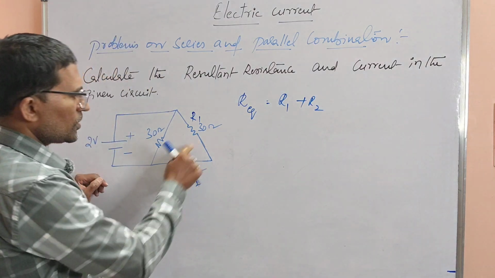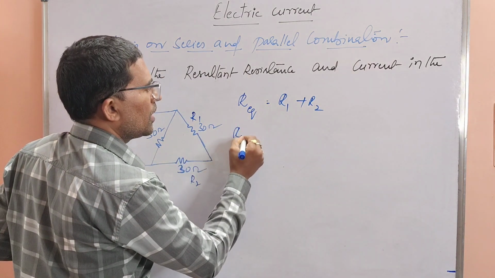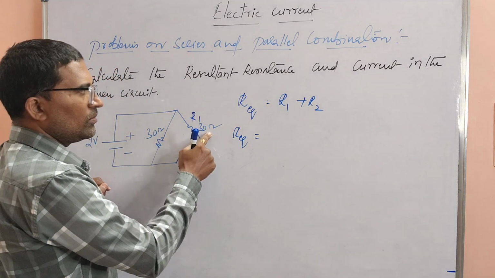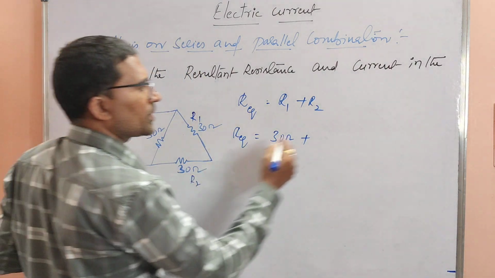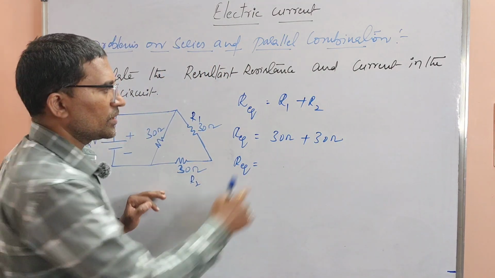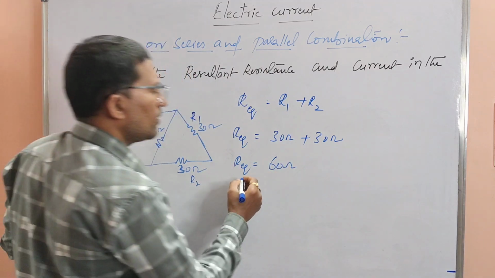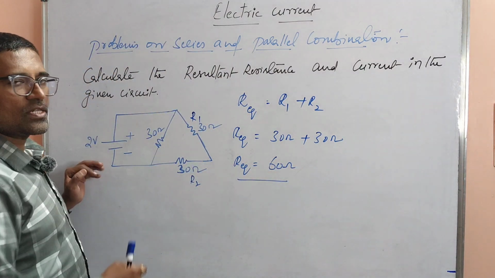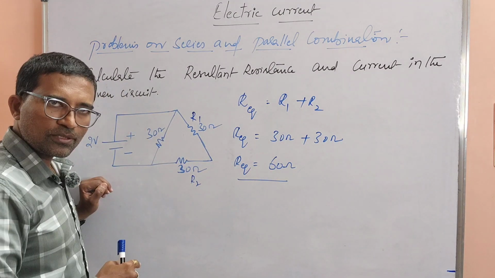R1 is 30 ohm plus R2 is 30 ohm. So R equivalent is 30 plus 30, which is 60 ohm. We calculated the equivalent resistance of these 2 resistors only, not the entire circuit.